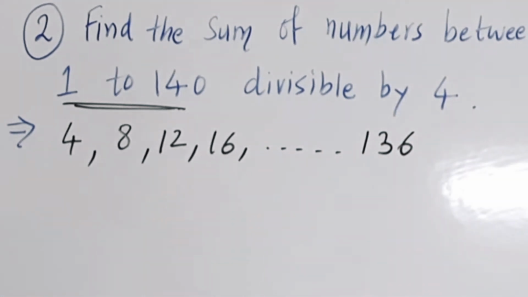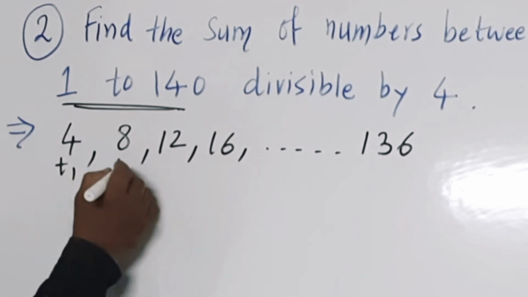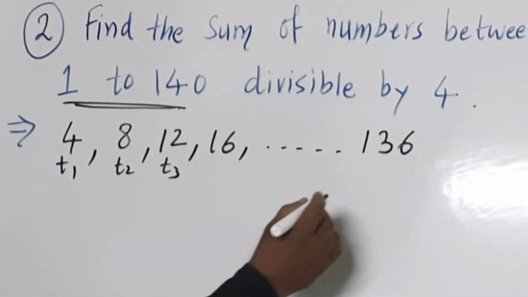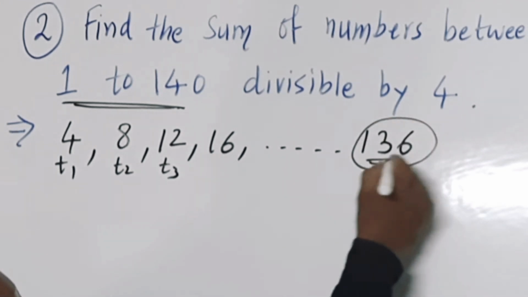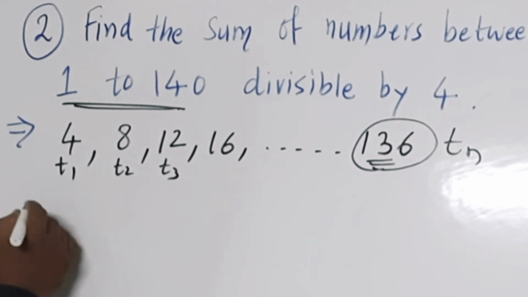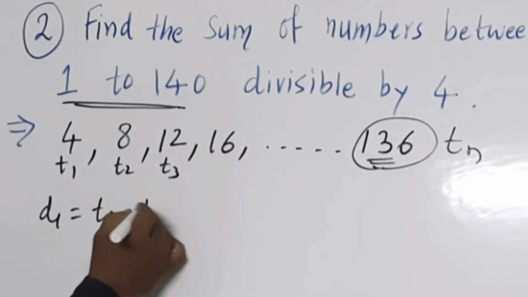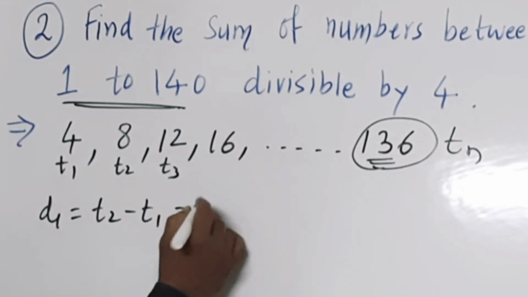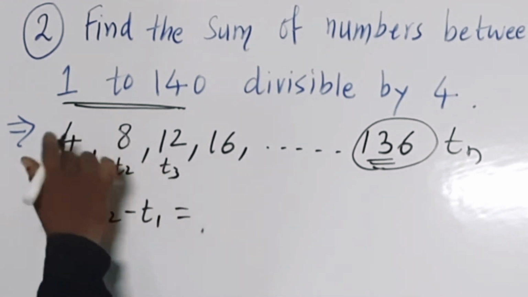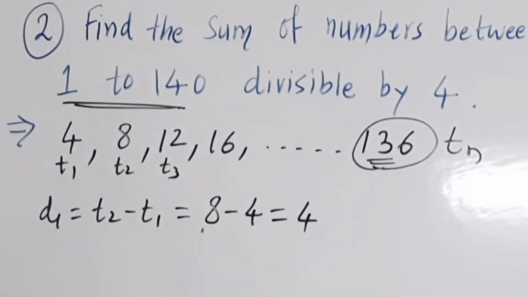So in this sequence, let us assume the first term as T1, second T2, T3 and the last term 136 is Tn, the nth term of the sequence. Now let us first check whether the given sequence is an AP. So the common difference D1 is equal to T2 minus T1, which is 8 minus 4, which is equal to 4.